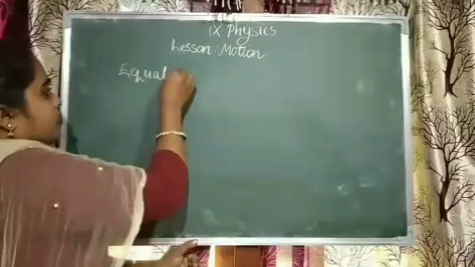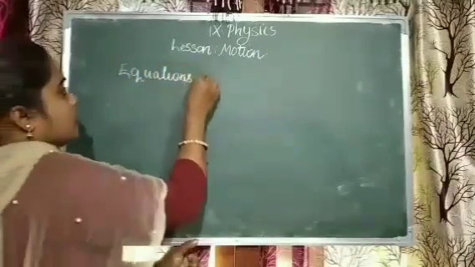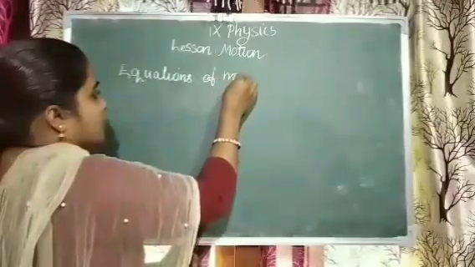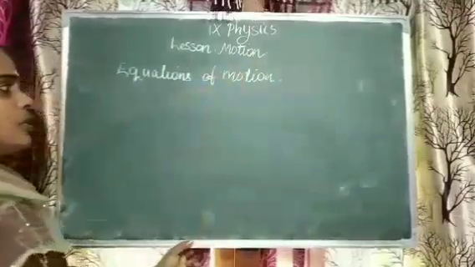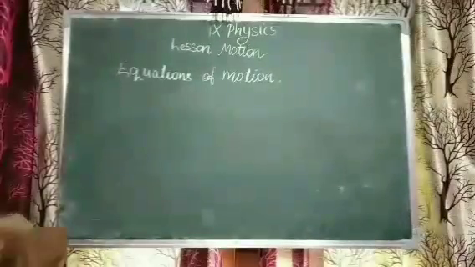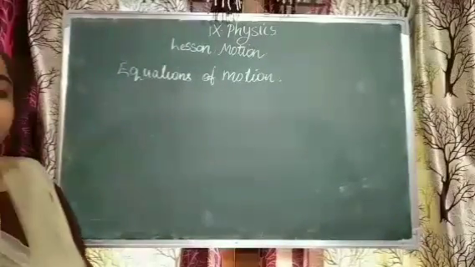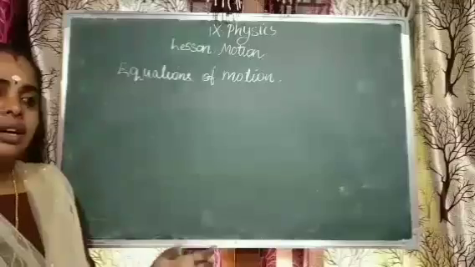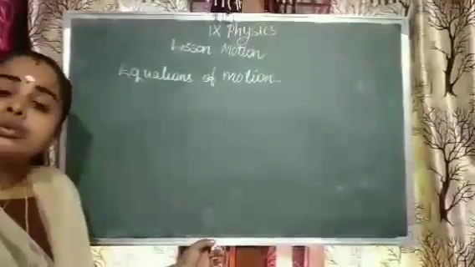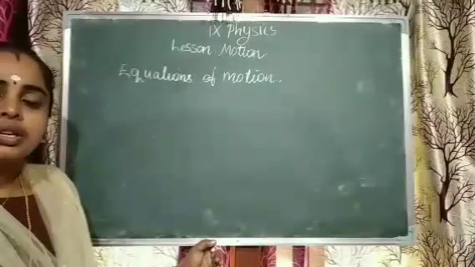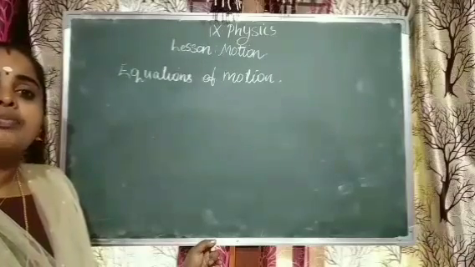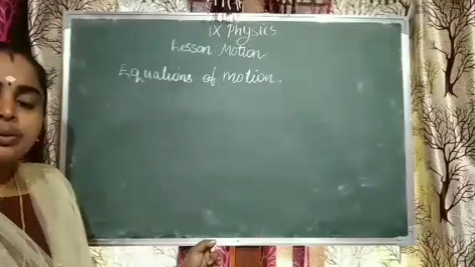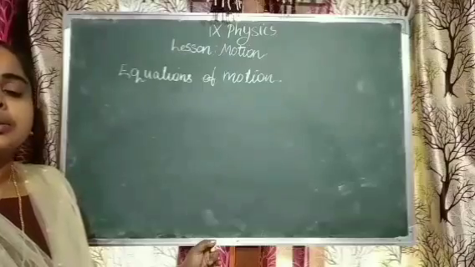Equations of motion. In the previous section, we discussed the representation of motion through graphs. Here, let us consider an object moving along a straight line with a uniform acceleration.